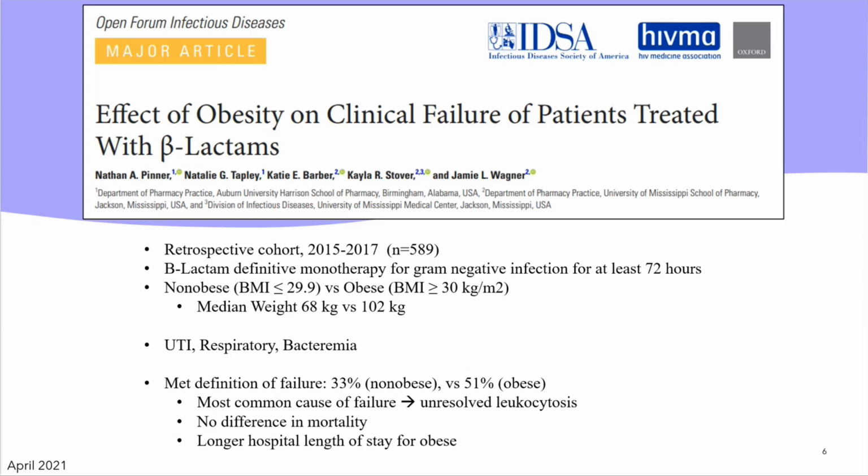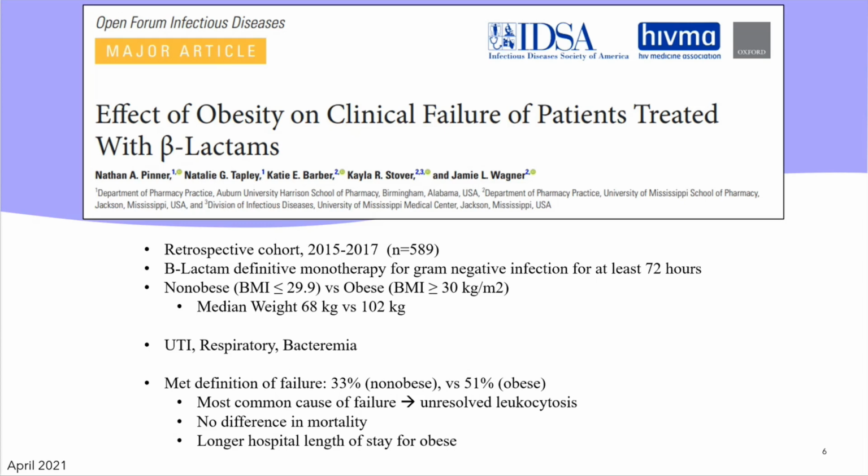Patients were excluded if source control was unable to be achieved within those 72 hours, or if they had polymicrobial infection that required more than one antibiotic to be called definitive therapy. And so the goal was to classify patients based on BMI into non-obese and obese groups. So you can see there what the definitions were, following in line with that WHO classification.